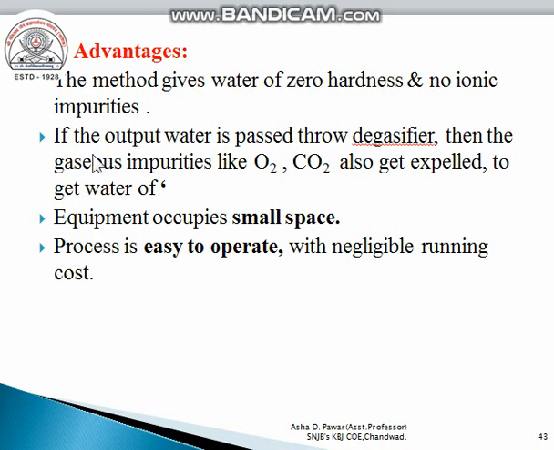Second, if the output water is passed through a degasifier, gaseous impurities like O2 and CO2 are also expelled, giving water of distilled water standard, and the equipment occupies small space. Another advantage is that it is very easy to operate. So it is a very simple process and very important for the theory examination, and it may be asked for 5 marks or 4 marks.